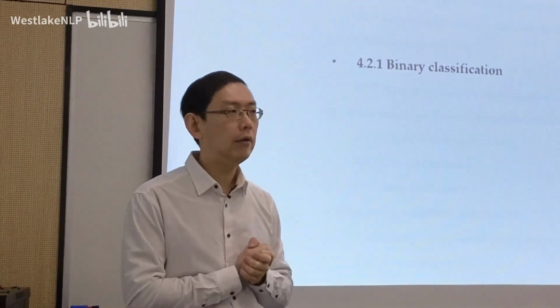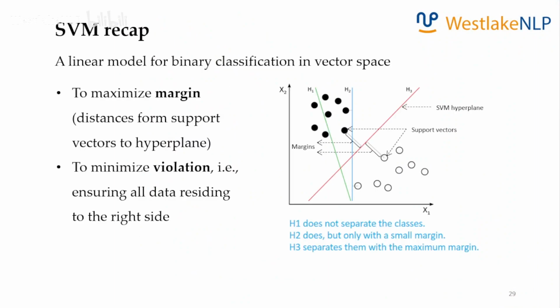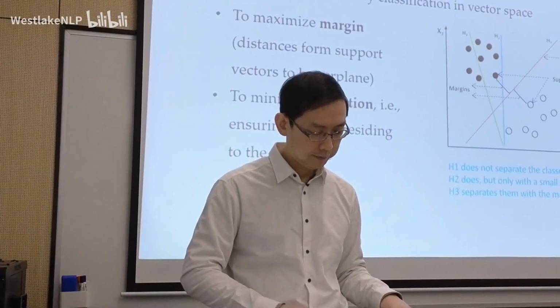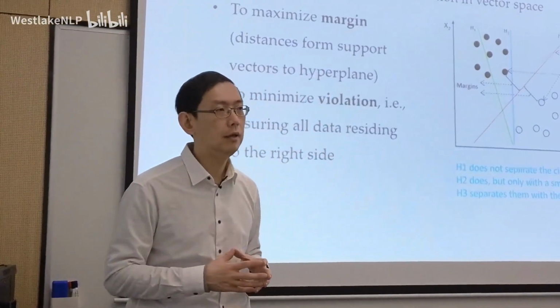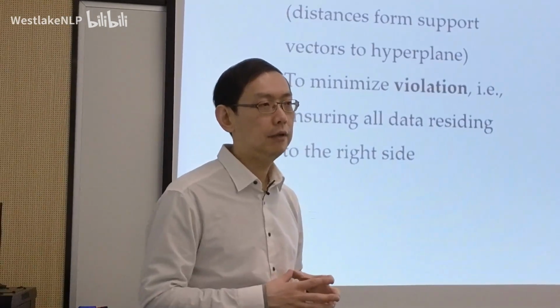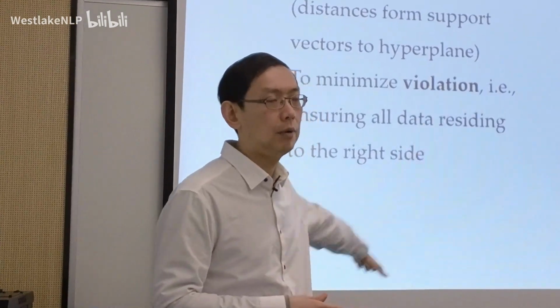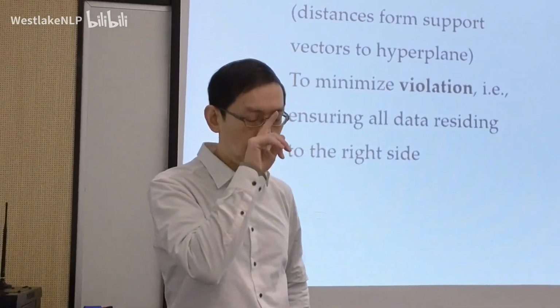Now that we have a numerical optimization method, we can apply this optimization method to train SVMs, right? So, first of all, what is the training objective? Let's recap. The training objective is to maximize the score margin between positive and negative instances and the separating hyperplane. Right? So that's the support vector machine.